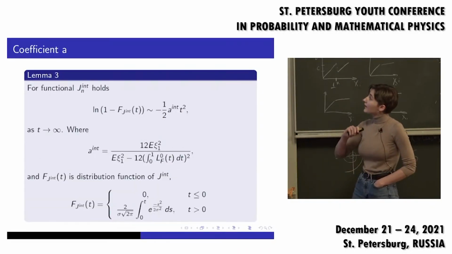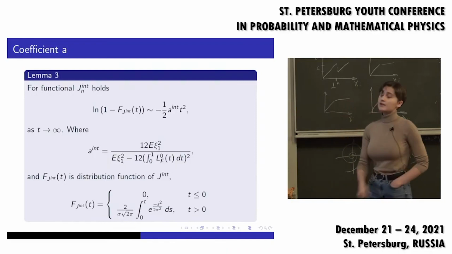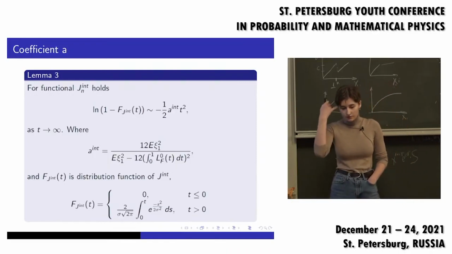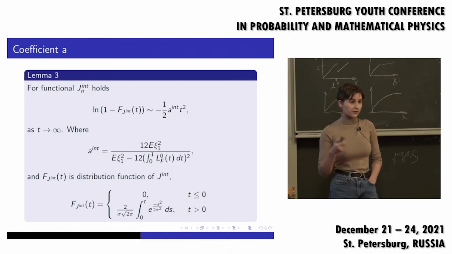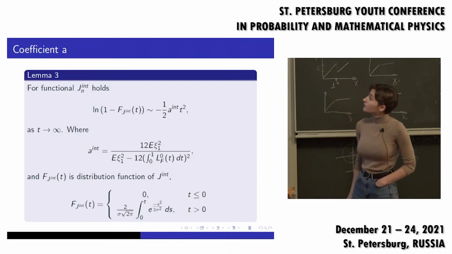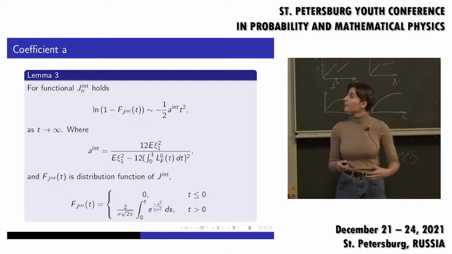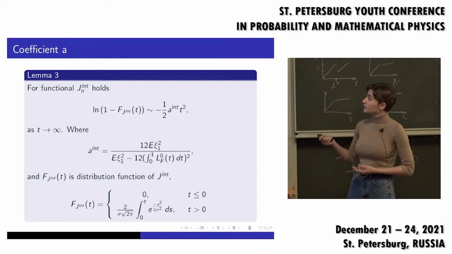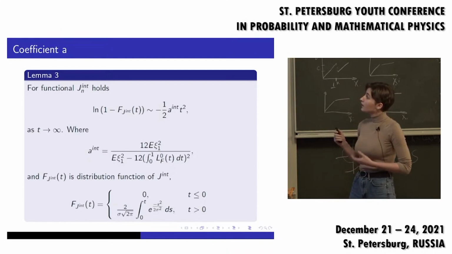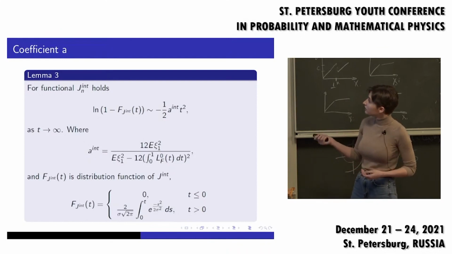Okay, lemma 3 is dedicated to the calculation of coefficient a. For functional j and int this holds. This is the third condition from statement 1, as t tends to infinity, where a int is this.